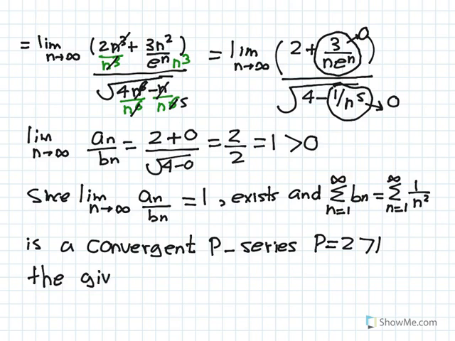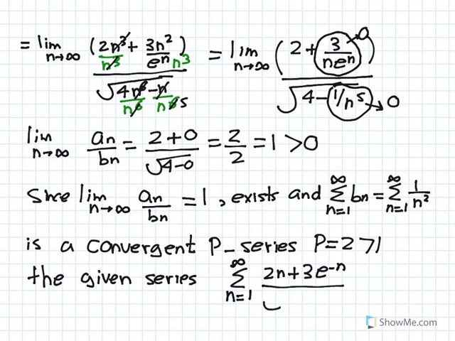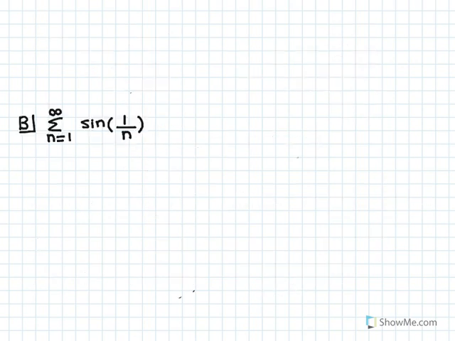The given series, summation n equals 1 to infinity 2n plus 3 e to the minus n divided by square root of 4n to the 6 minus n, also converges by the limit comparison test.